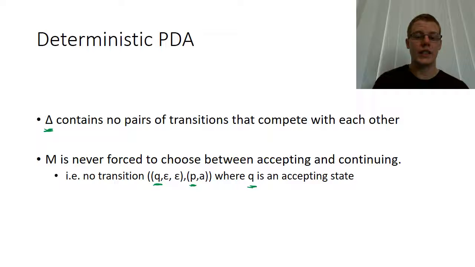This transition takes us out of a potentially accepting configuration, where if we had an empty string and an empty stack we could accept, and moves us into a situation which is not accepting, where we're now in another state and we've got some input on the stack. If our machine has to make these decisions, then it is no longer deterministic.